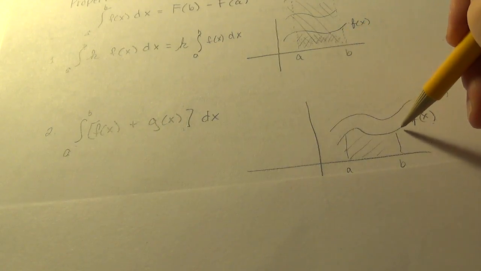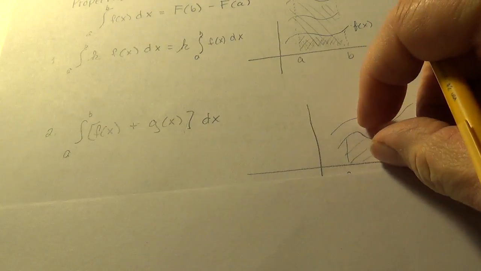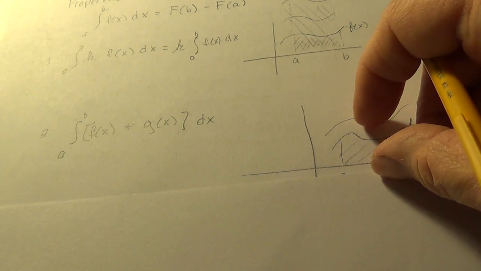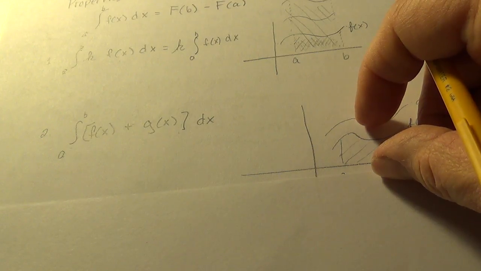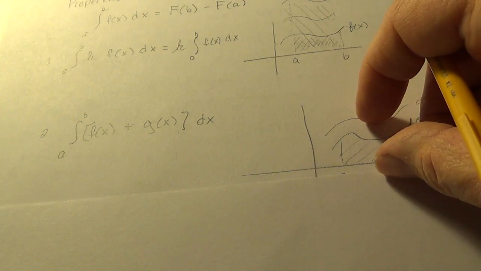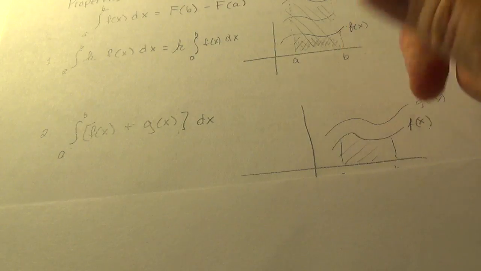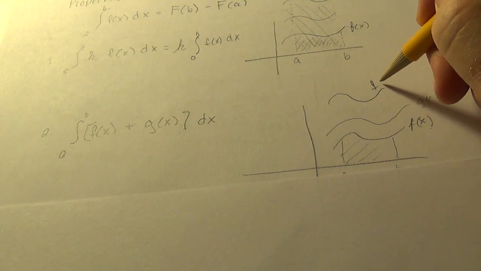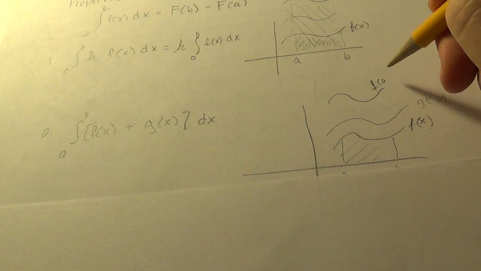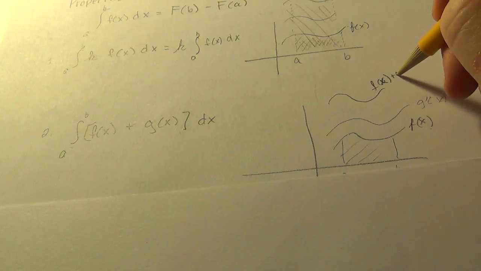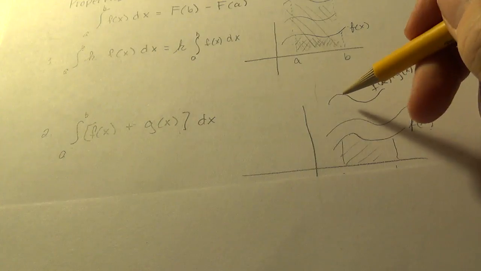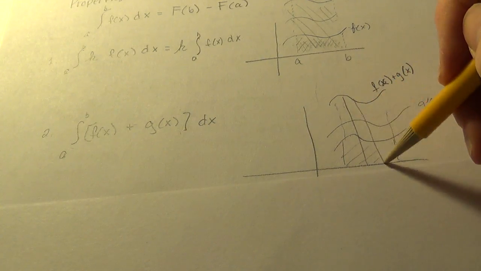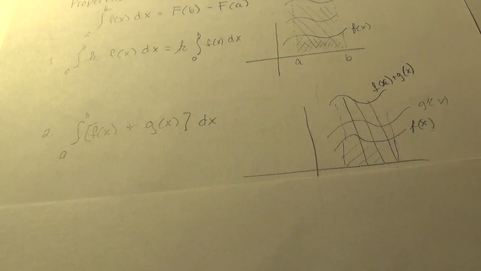Well, here's f of x, and it's that far from the x-axis, but g of x is that far. So if I added the two, I'm going to have to add this to f. So it's going to bring us up here somewhere. So this would be f of x plus g of x. So the area from that curve to the x-axis would look like that.